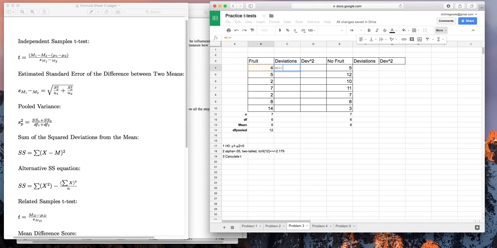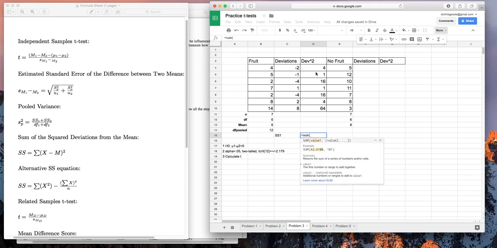It is this one minus the mean, but I want to make that a static reference to the mean, so it's always going to reference that cell. We'll copy and paste this down here. Those are the deviations. Square that to get squared deviation, and we'll sum those squared deviations here.